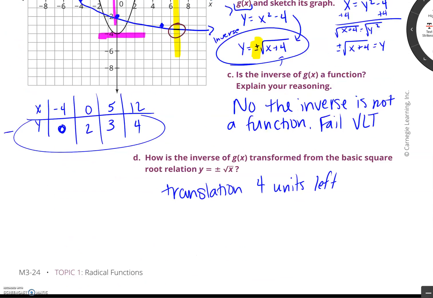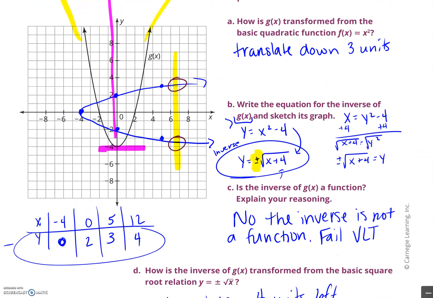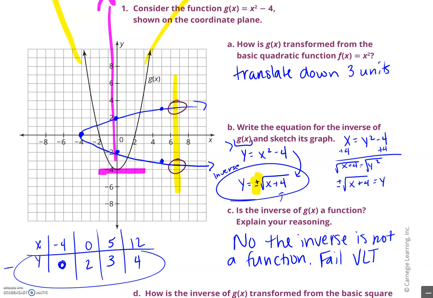Now looking at the inverse. We're looking at the x values. As we move to the right, it's going to hit every x value along the way, and it's going to come in contact with every single x value except to the left of our furthest point. So this graph is not going to hit these x values back over here.